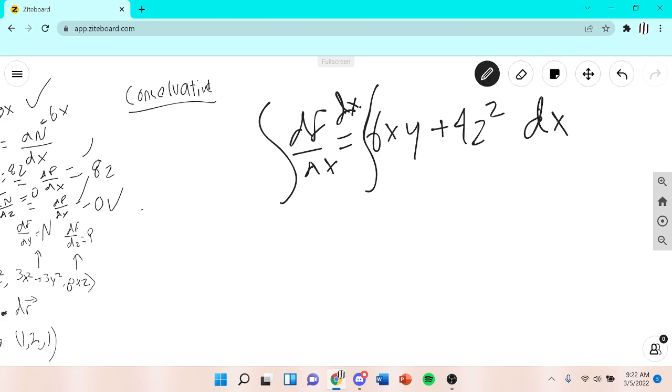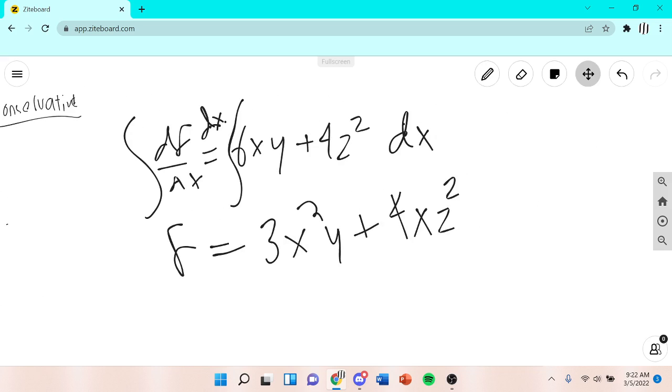This will just become f, and the right side is going to become 3x squared y plus 4xz squared. When you do an indefinite integral like this, it's usually a constant c, but here, because there are three variables, it's a function of the other two variables, y and z.